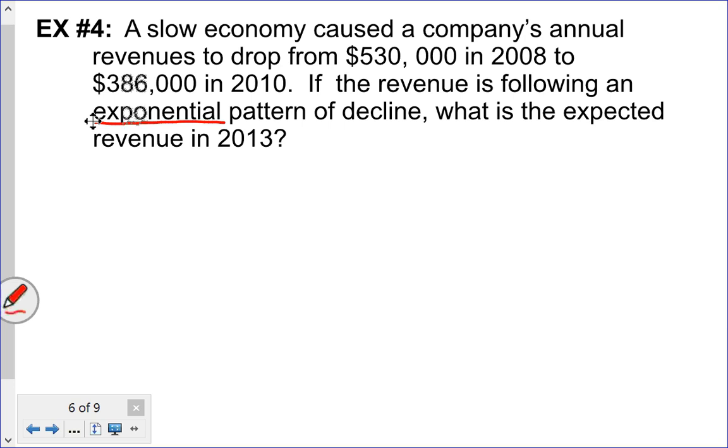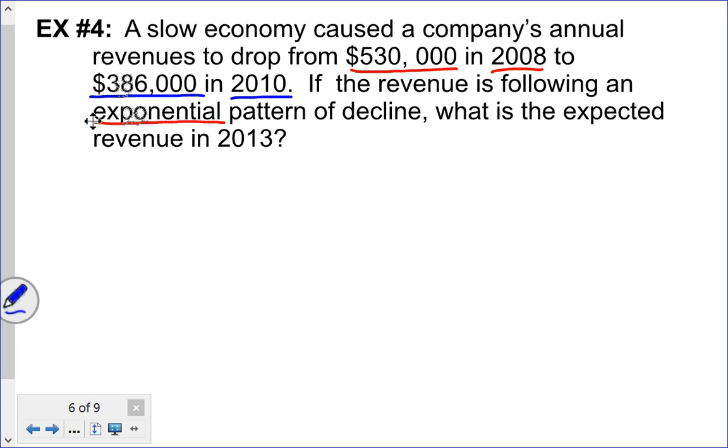And they told us that in 2008, we had $530,000, and that in 2010 we had $386,000. So there's basically your 2 sets of initial conditions. They're telling us there's an exponential pattern of decline, and then we want to answer for a later situation.